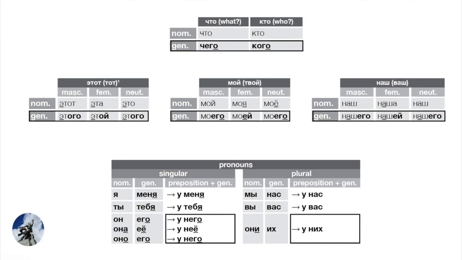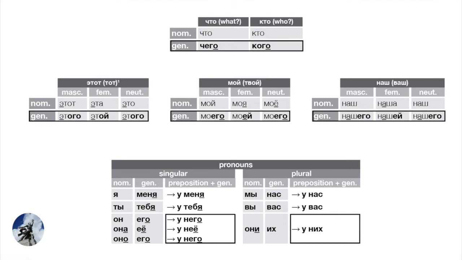Чего, кого. Okay, what about этот? Well, that works just like a hard adjective, so it's not too difficult. Этого, этой, этого. Those are your genitive endings. Мой or твой. Remember those two forms, мой and твой, work exactly the same.